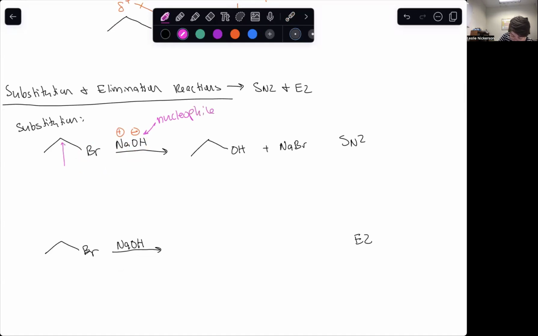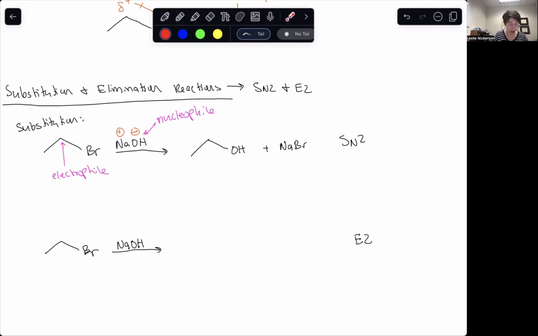We've got this carbon as our electrophile. And we're making a bond between the nucleophile and our electrophile, and then kicking off our leaving group. And we will talk about arrows in just a second. Okay, so this is the basic substitution reaction. Anytime you're substituting a nucleophile and a leaving group, that's going to be termed a substitution reaction.